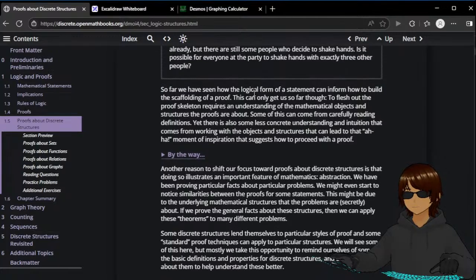So far, we have seen how the logical form of a statement can inform how to build the scaffolding of a proof. This can only get us so far, though. To flesh out the proof skeleton requires an understanding of the mathematical objects and the structures the proofs are about. Some of this can come from carefully reading definitions, yet there is some less concrete understanding and intuition that comes from working with objects and structures that can lead to that aha moment of inspiration.